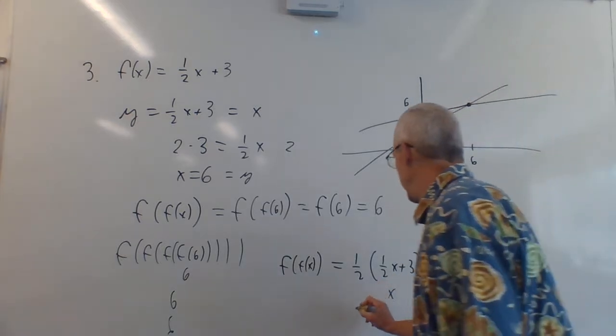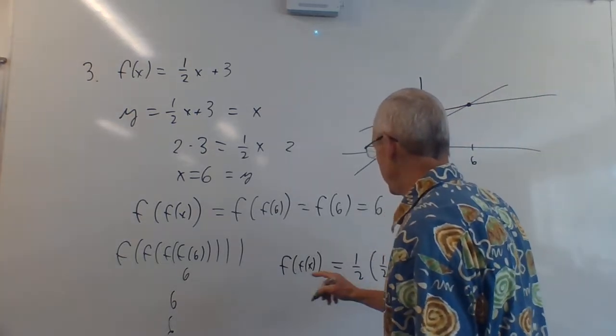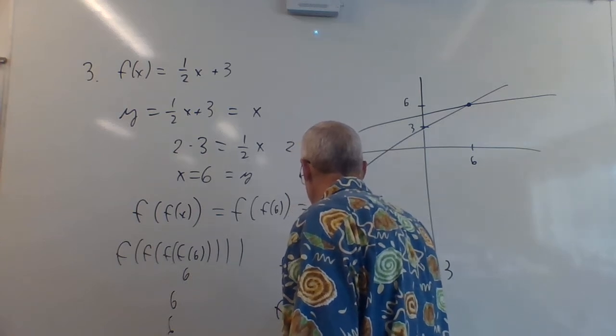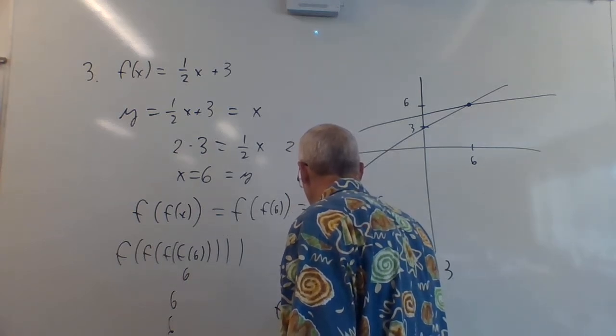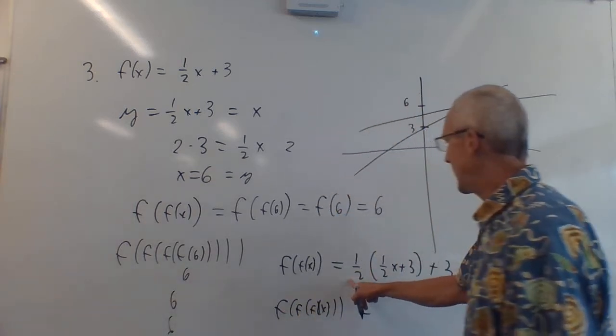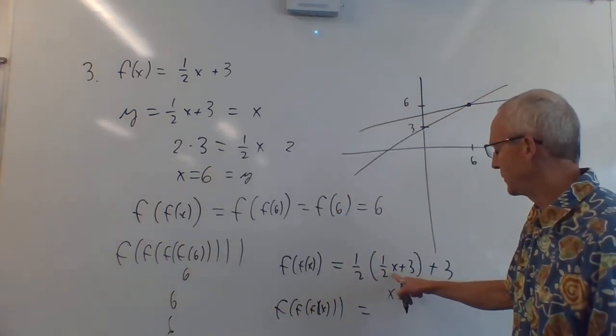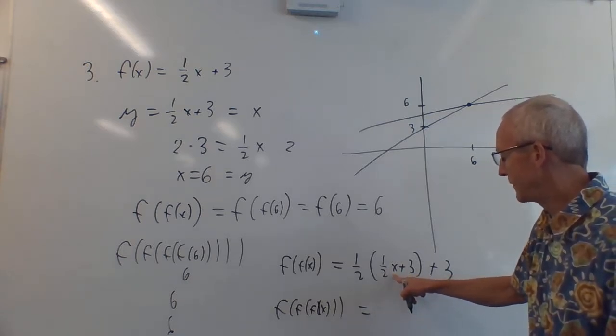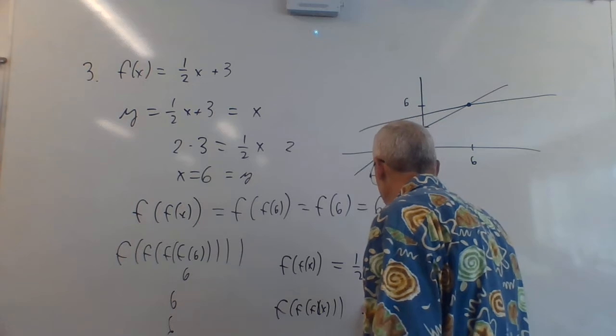If we do it again, f of f of f of x, we just get another 1/2 in front, because we take this one and plug in 1/2 x plus 3 for x.